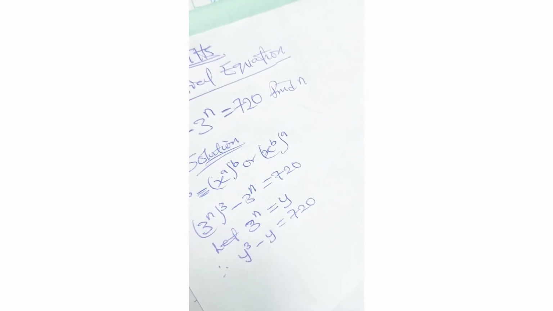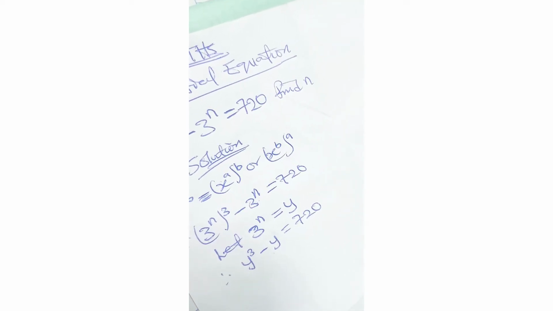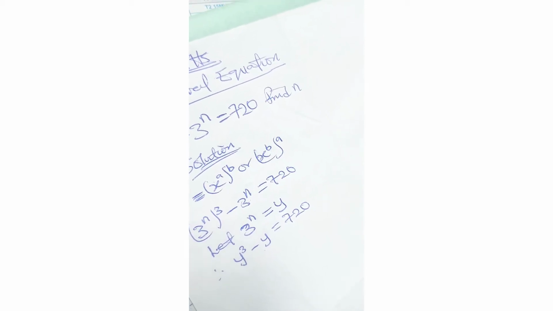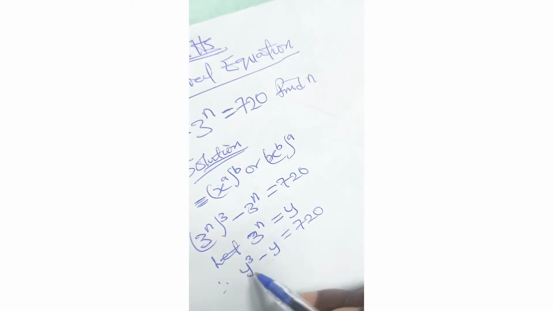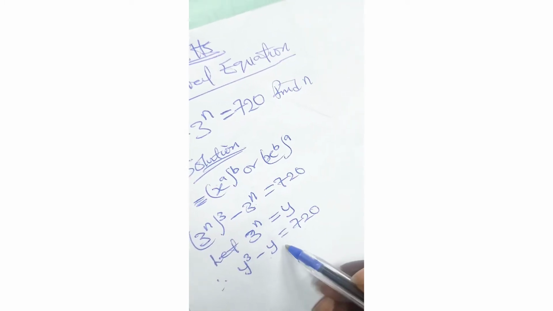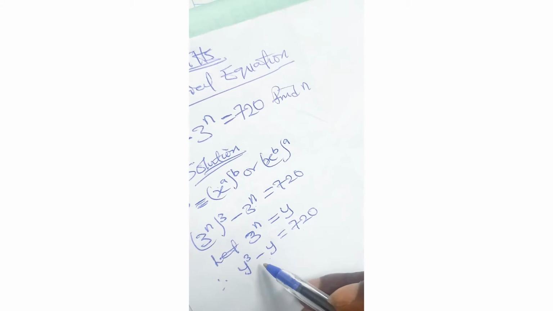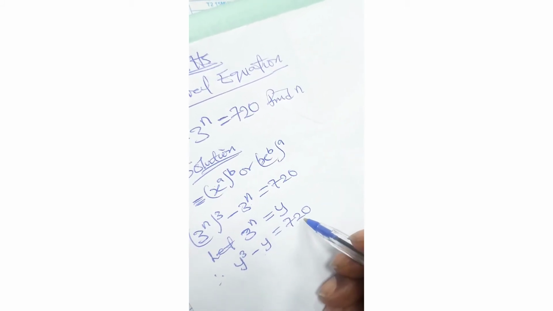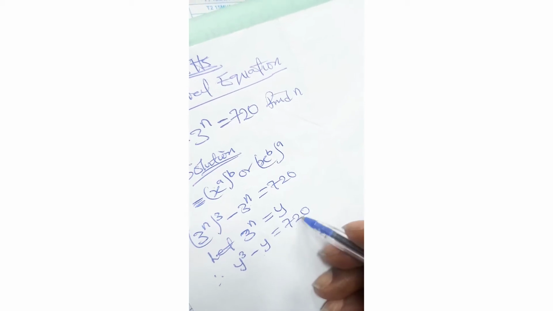But before we apply the long division rule in polynomials, we are going to first look for a number that, when you slot it in to represent the value of y in this equation, gives us the equivalent of 720.